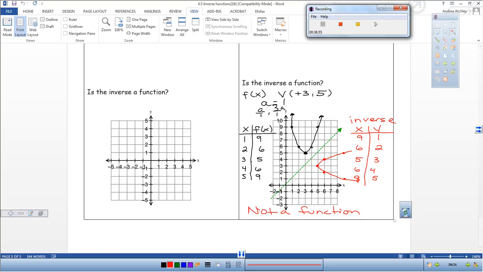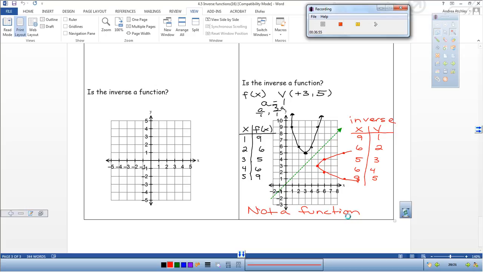If you take my vertical line and then move it across my graph, it would hit in 2 spots, so that's not a function. Functions can only cross in 1. The parabola is a function, but when I reflect it across the y equals x, the inverse of it is not. We can also look at the ordered pairs and see that the x values repeat, the 9, 9, 6, 6, so that can also tell you that it's not a function. Any questions over that?